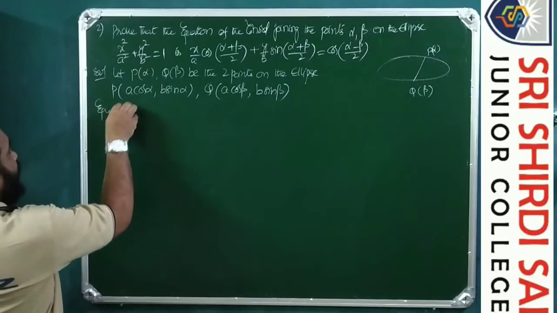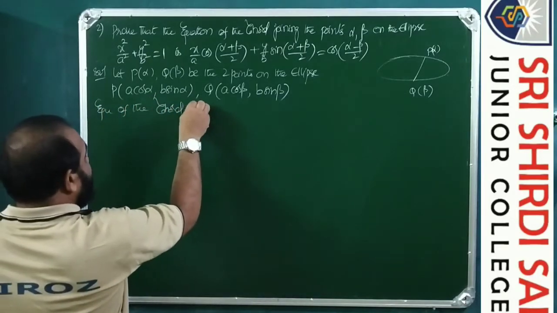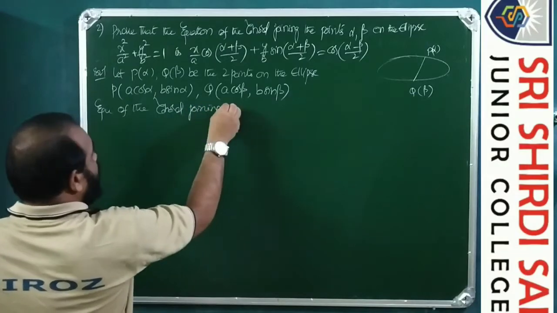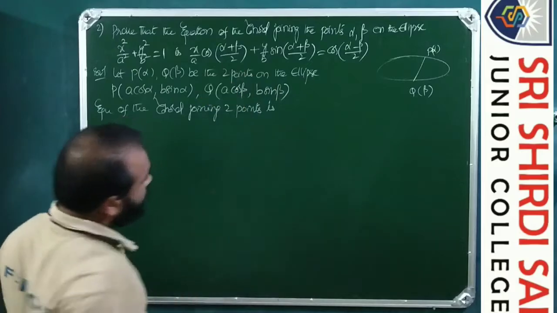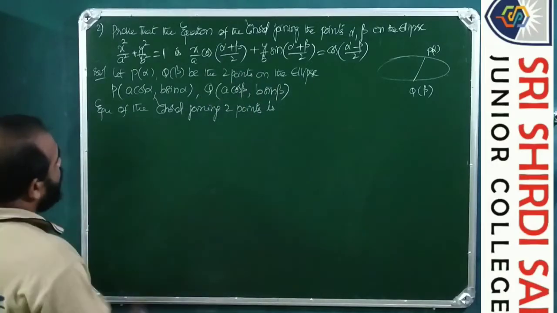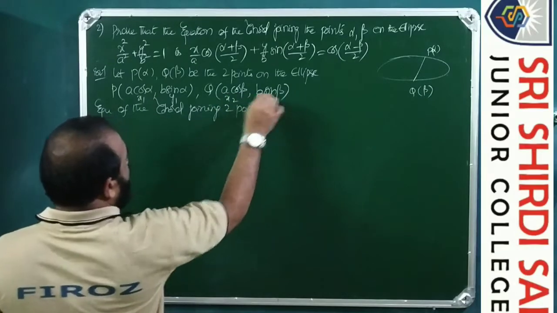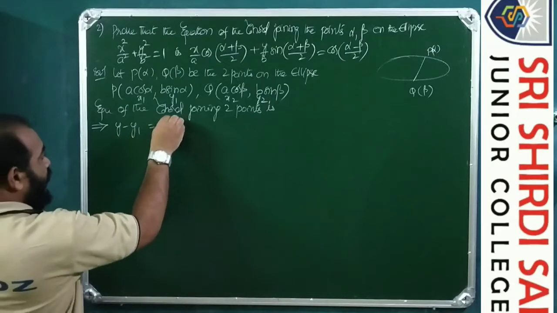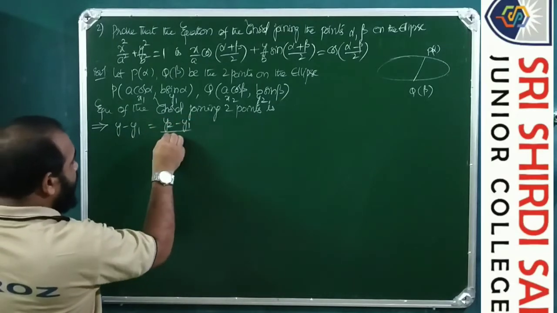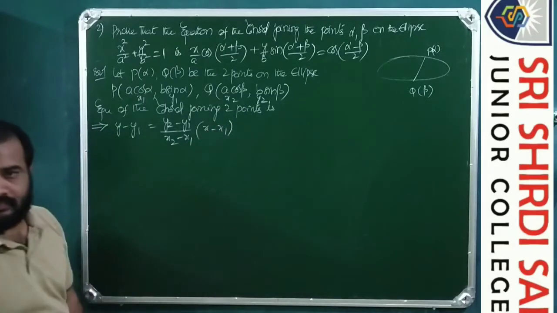Equation of the chord joining 2 points is, so this is x1 y1 and this is x2 y2, the 2 points form. y minus y1 is equal to (y2 minus y1) by (x2 minus x1) into (x minus x1).